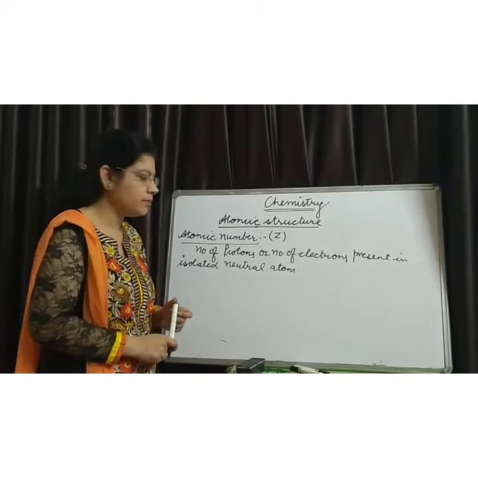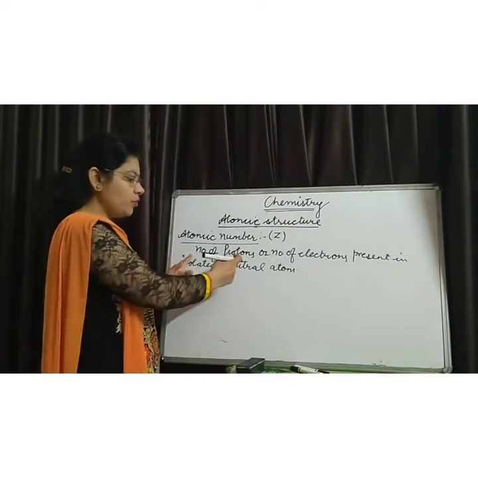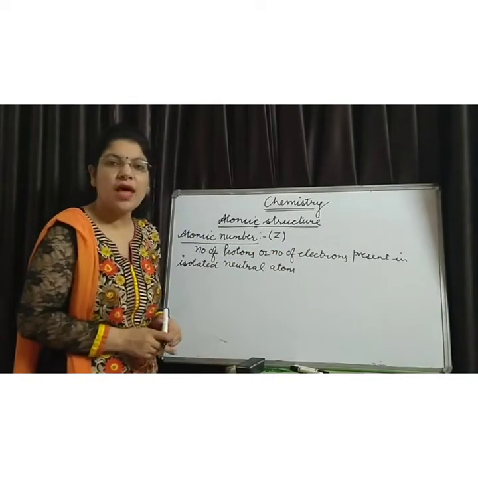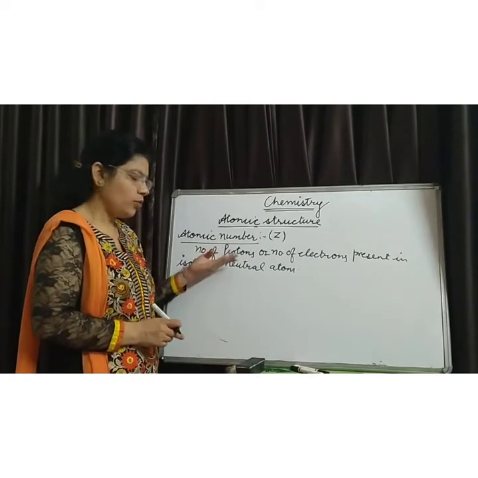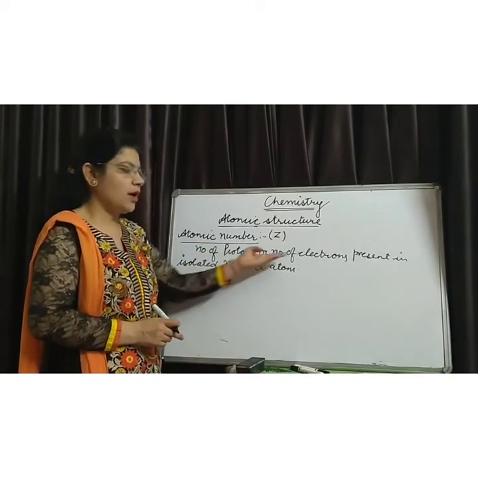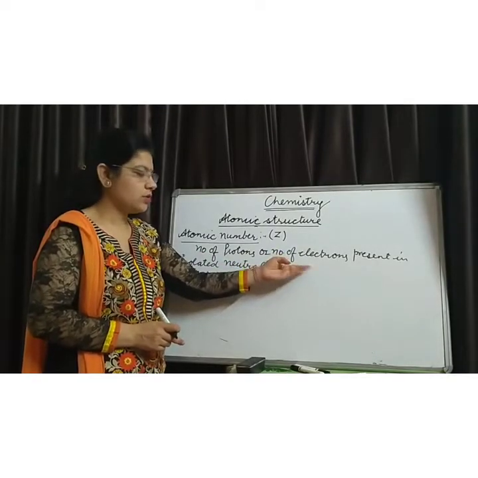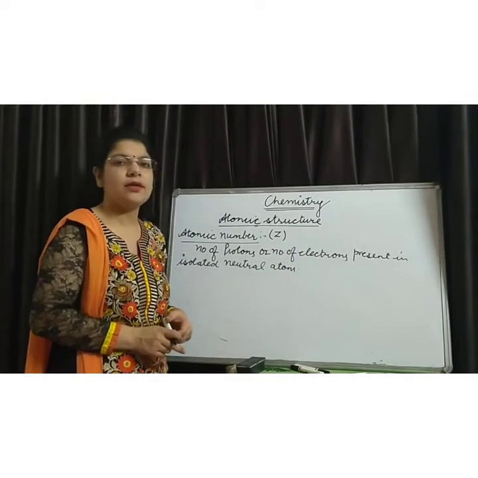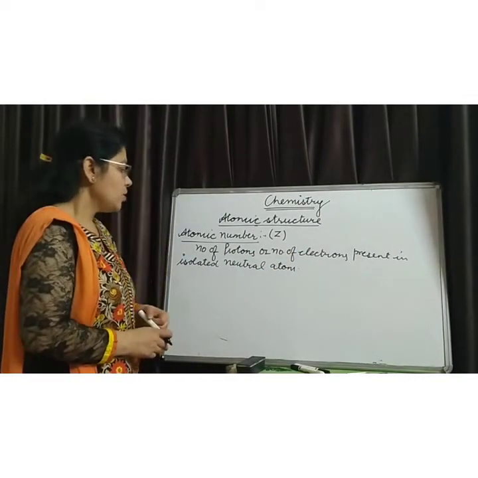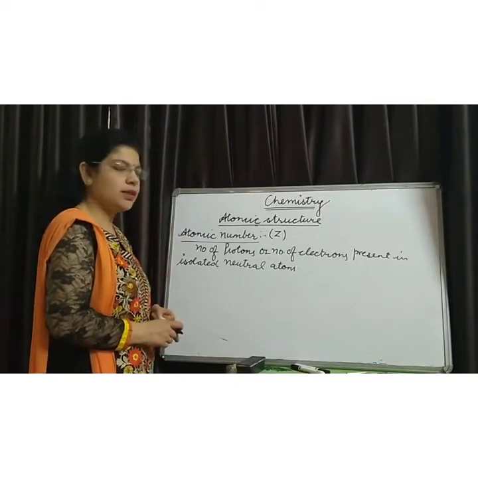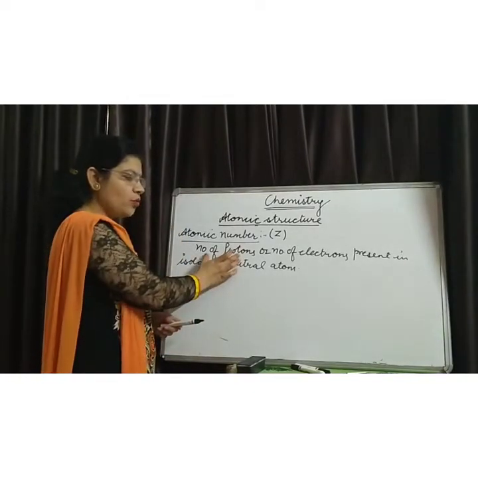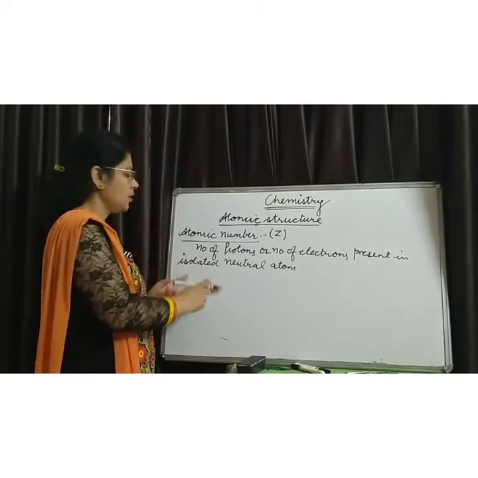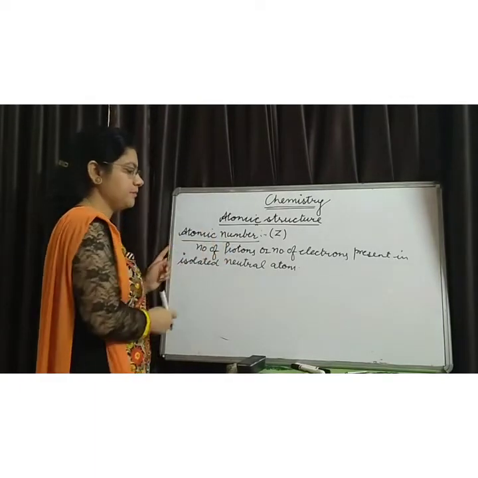In any atom, the number of protons is always equal to the number of electrons, because every atom is neutral. Protons carry positive charge and electrons carry negative charge. Total positive charge is equal to total negative charge, so that the atom as a whole is neutral. So the number of protons or the number of electrons present in the atom represents the atomic number of the atom.